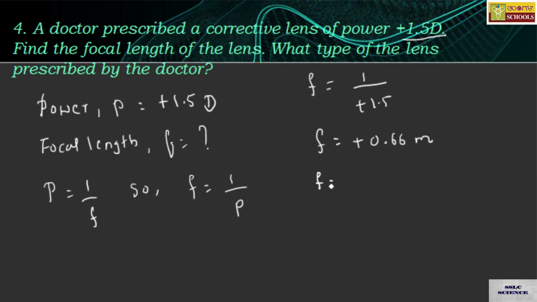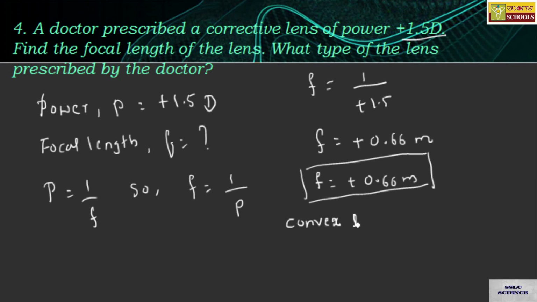That will be the focal length of the lens. Since the focal length is positive, and also the power is positive, this indicates that the lens prescribed by the doctor will be a convex lens. I hope you got all these things right.